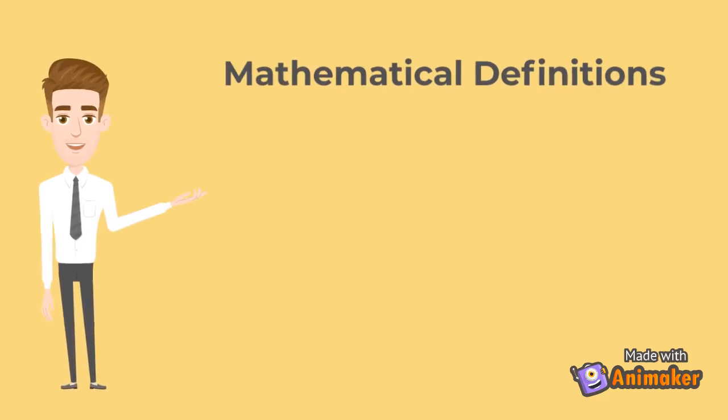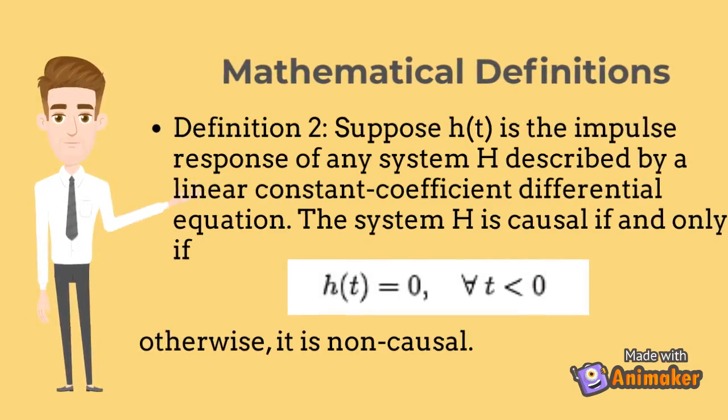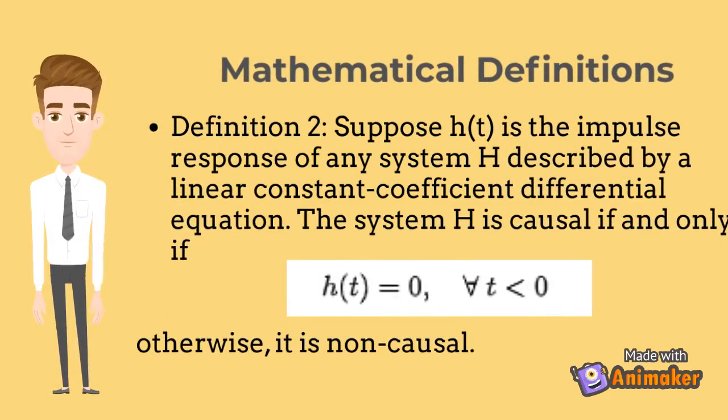Definition 2. Suppose h of t is the impulse response of any system h described by a linear constant coefficient differential equation. The system h is said to be causal if and only if h of t equals 0 for all t less than 0. Otherwise, it is a non-causal system.